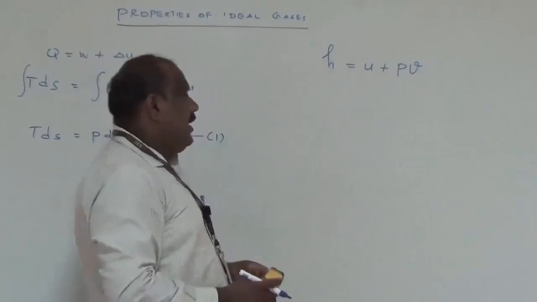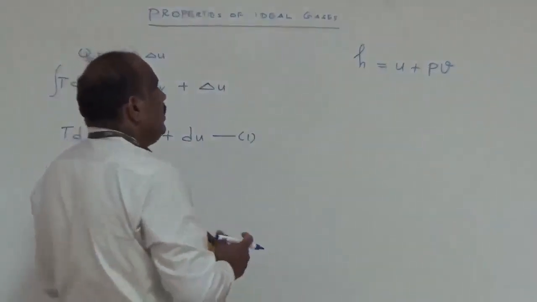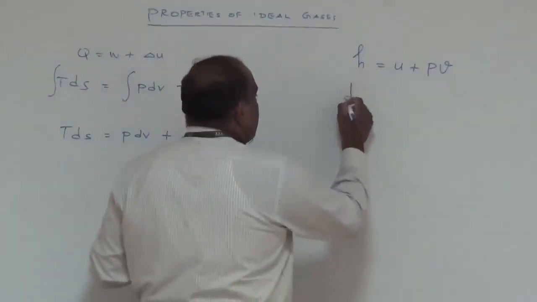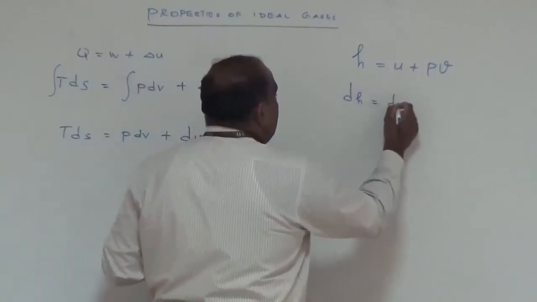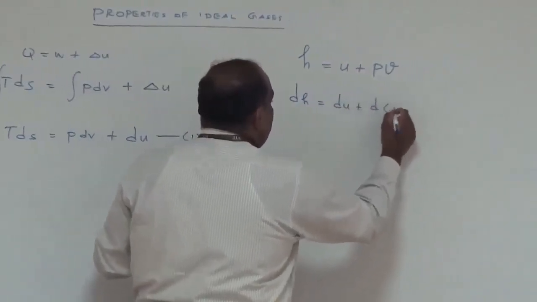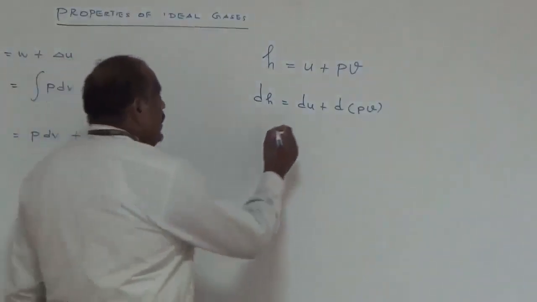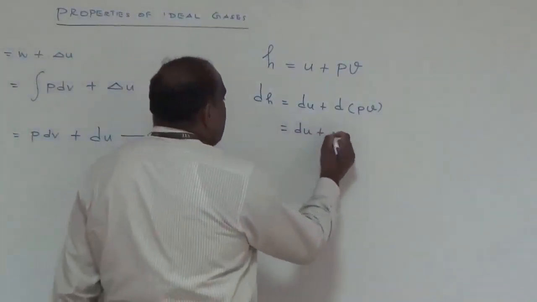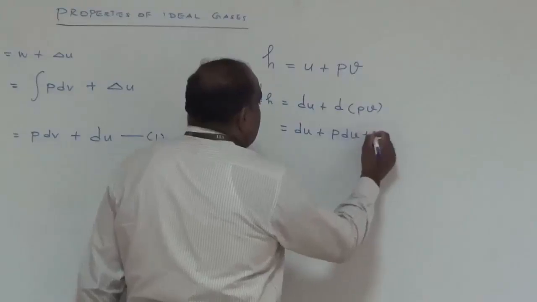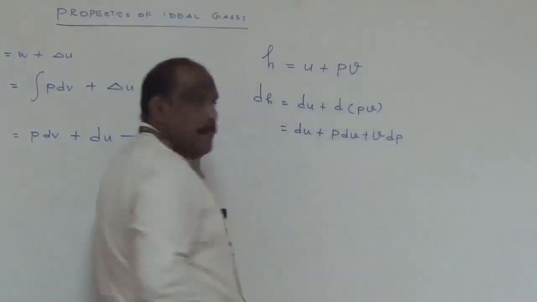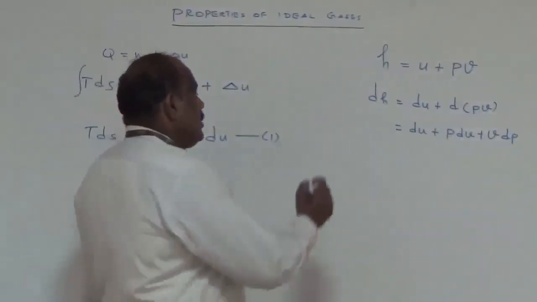So these are the specific properties. Now I want dH. dH will be equal to dU plus d of PV, isn't it? So I will end up with dU plus P dV plus V dP. So it's dH.